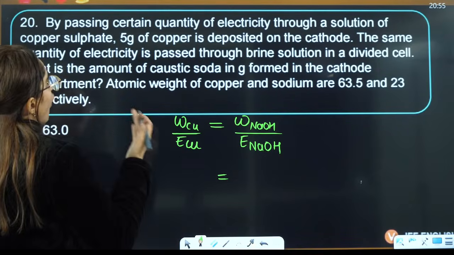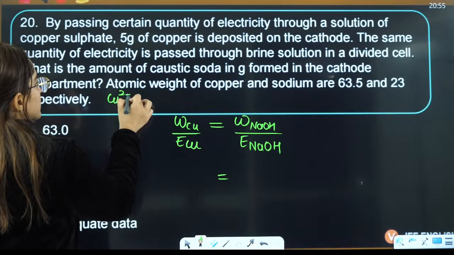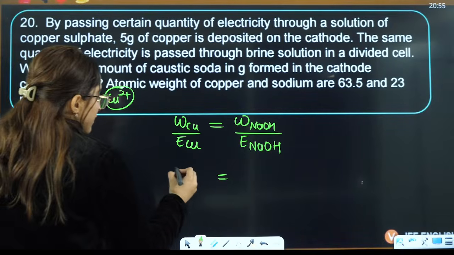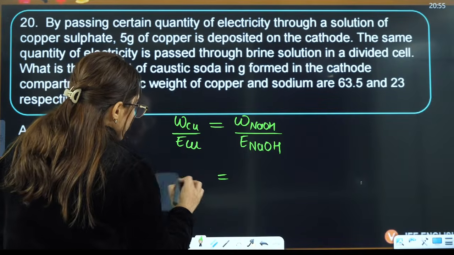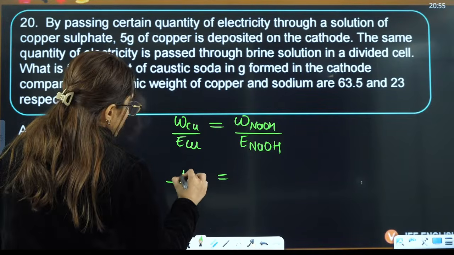We know that copper is deposited in terms of Cu2+, that means the n-factor is 2. Copper is 63.5 divided by 2, and the weight is given to be 5.